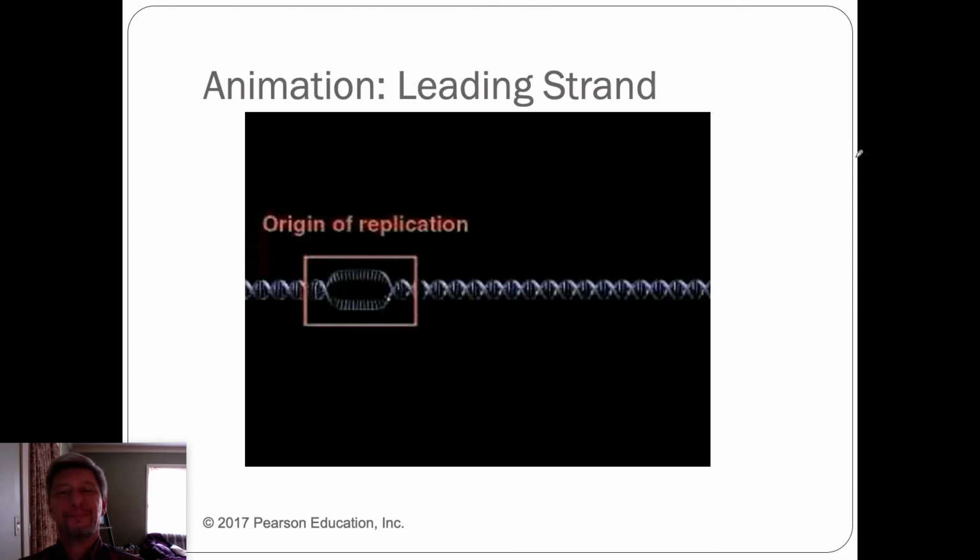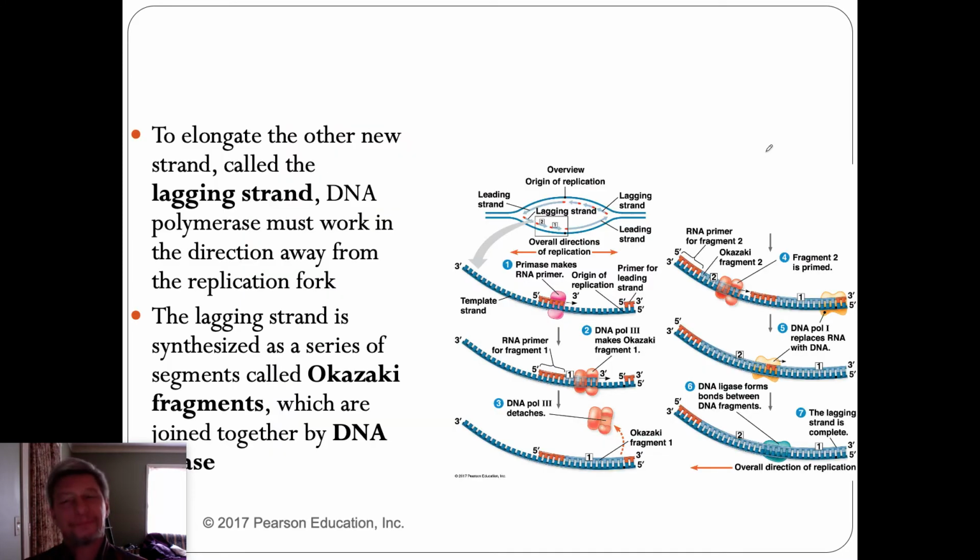Now, on the other hand, what do we do with the bottom piece? This piece here. In this case, the lagging strand is actually put back together or copied in pieces, not in one single smooth flow.